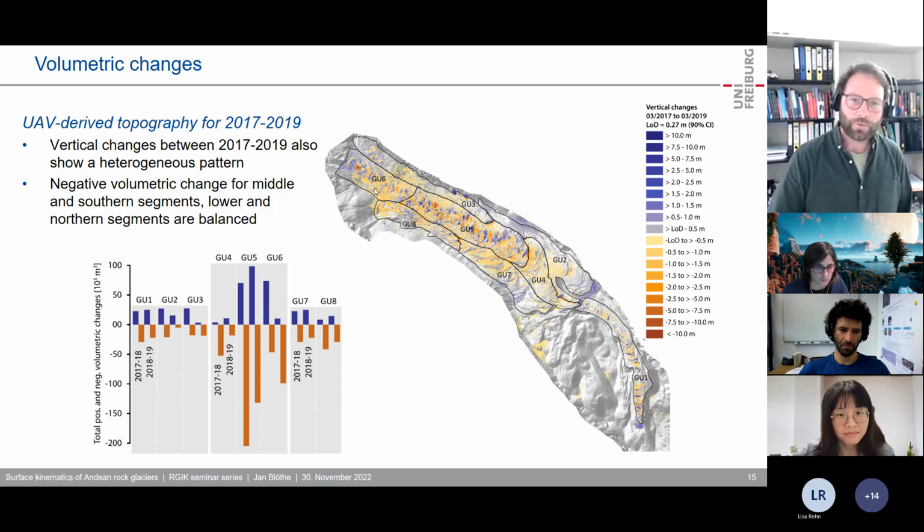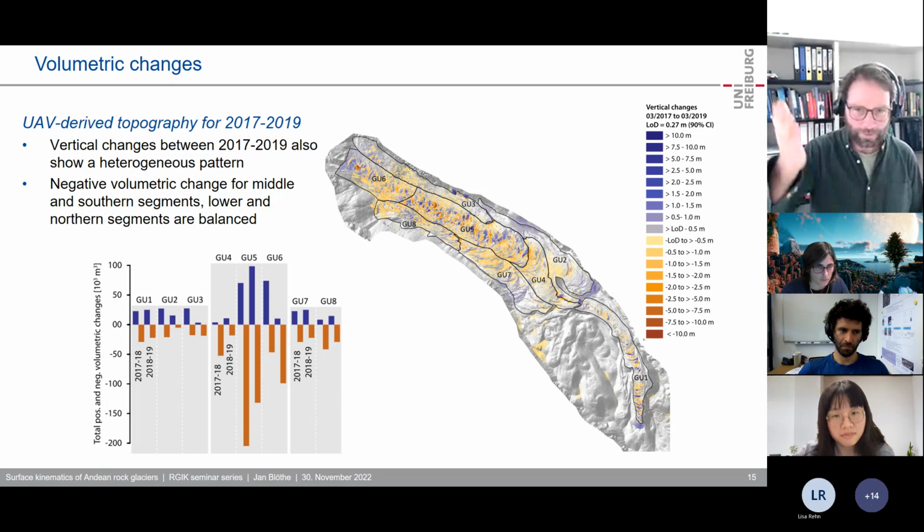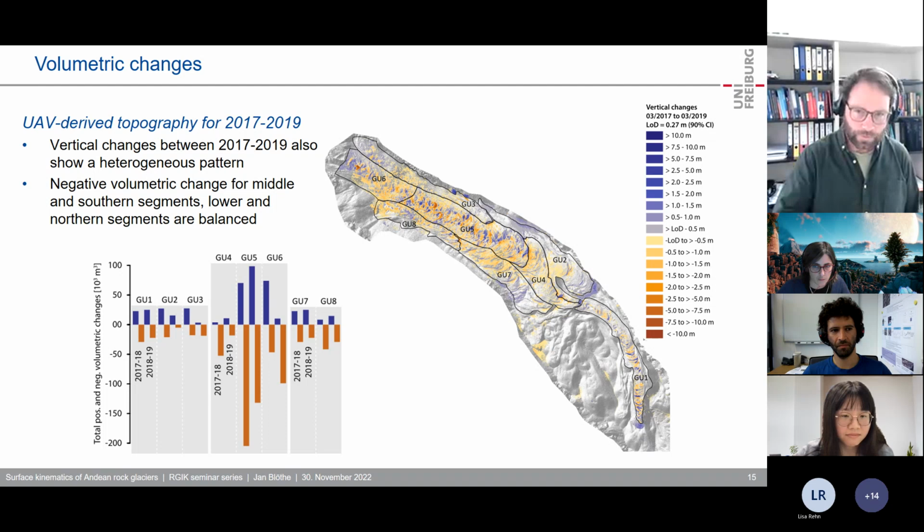Whereas especially number 6 and number 5 here, these are the central parts where we find a lot of thermokarst features. So there is massive ice below. So I would rather in this specific location call this a debris-covered glacier, protruding into the rock glacier feature at lower elevations. And here we see the dramatic negative changes. And that is kind of what you are also referring to. Yeah, so we see a lot of ice degradation, but this ice degradation is rather happening in those areas of the debris-covered glaciers.